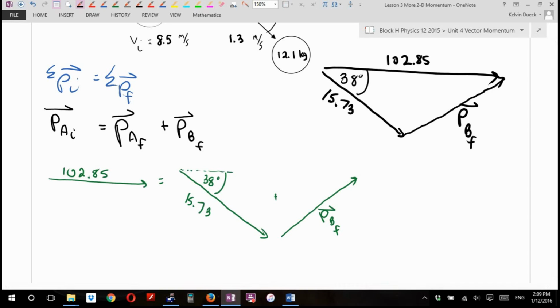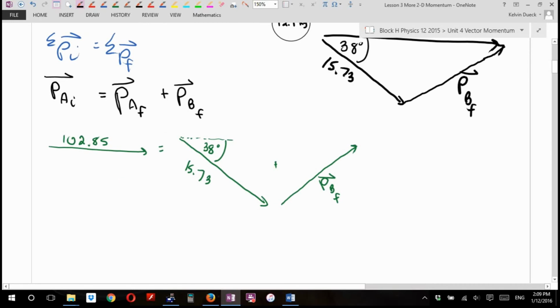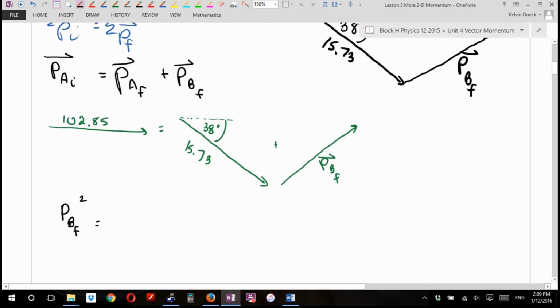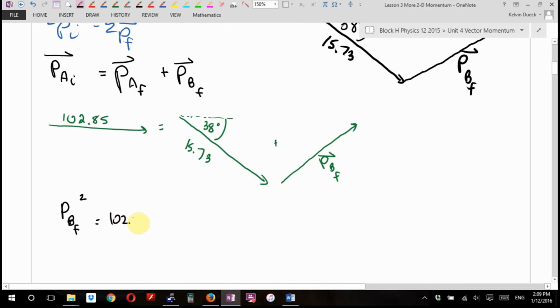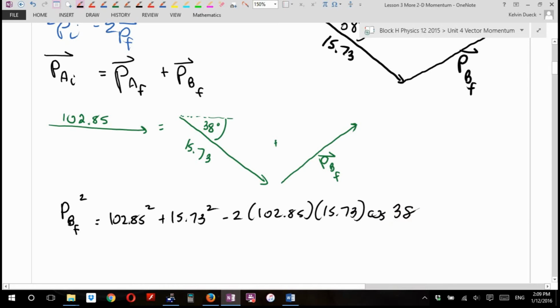Cosine law. Yes? So it's going to be, Dustin, also, last block, you guys needed a bit of a wake up, so I'm yelling. It's going to be momentum B final squared, and it's going to end up being 102.85 squared plus 15.73 squared minus 2 times 102.85 times 15.73 cos 38.